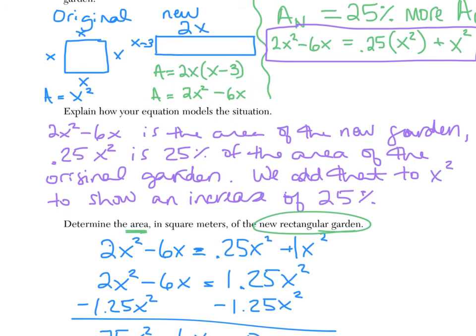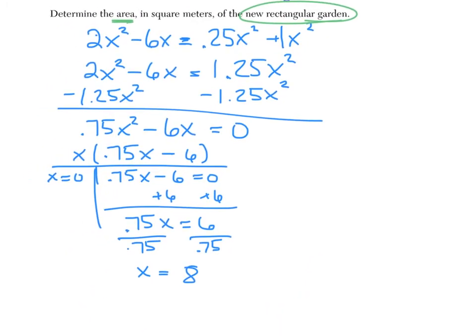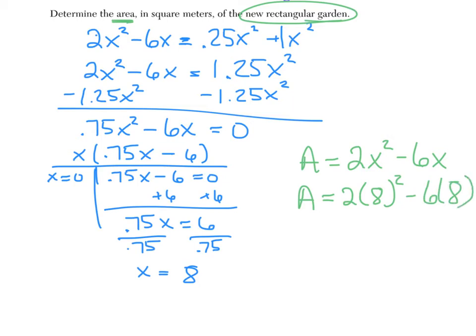So I'm going to take my x and replace it. So 2x squared minus 6x, I'm going to plug in my 8 for x. So 2 times 8 squared minus 6 times 8. I type that into the calculator and I get 80. So 80 is the area of the new rectangular garden.